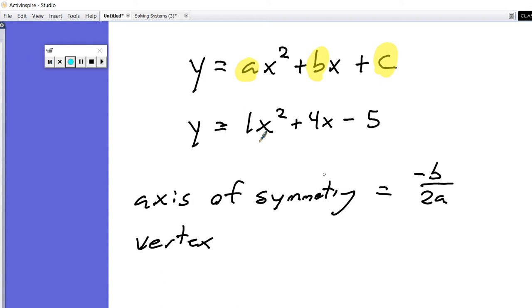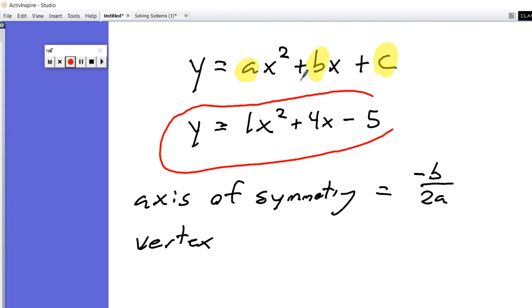So, if I want to find the axis of symmetry on this equation right here, I'll take the 4, and it says minus b, so minus 4 over 2a. So my a is 1, that's 2 times 1, so that is -4 over 2, and so my axis of symmetry is -2. And I'll show you what that looks like on a graph in a minute.